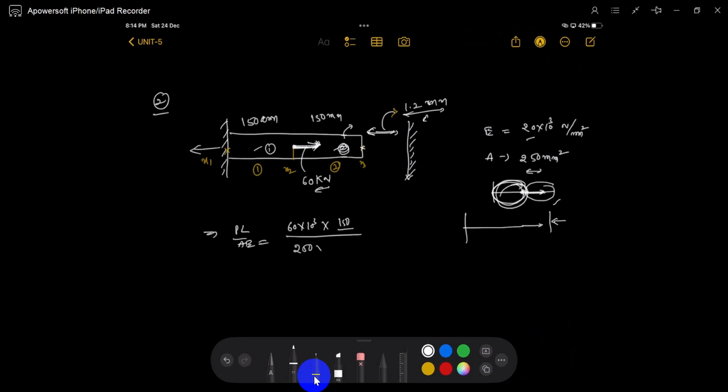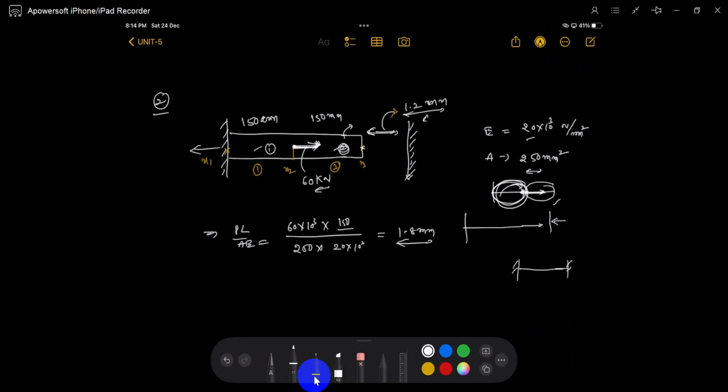Area is 250 mm square, E is 10 into 10 power 3. This value is exactly 1.8 mm. It is greater than 1.2 mm, but you allowed only 1.2 mm. So 0.6 mm is restrained. For that restrainment, you get a force.